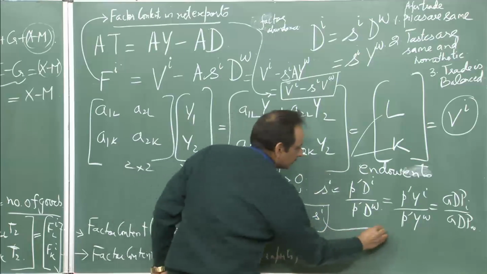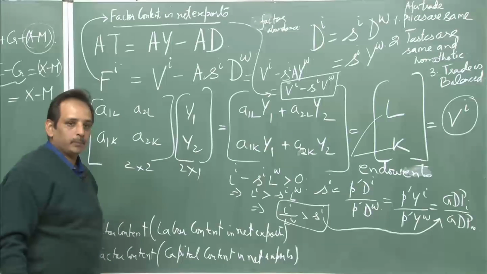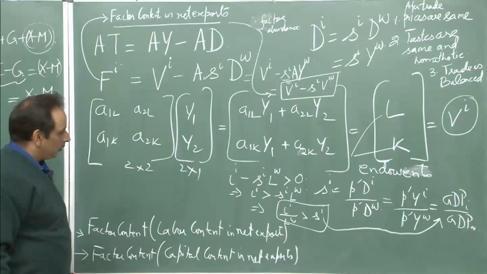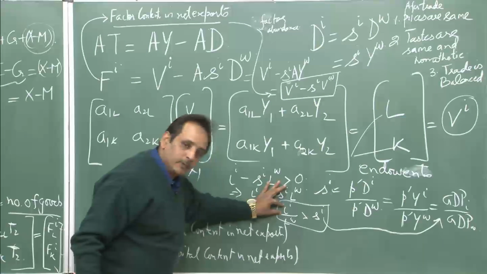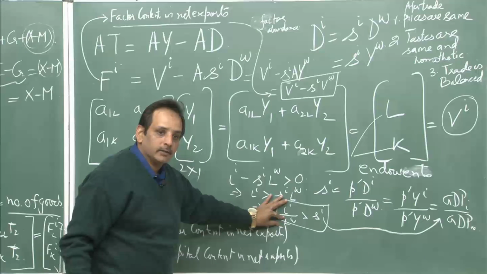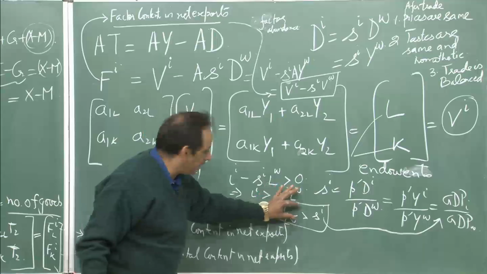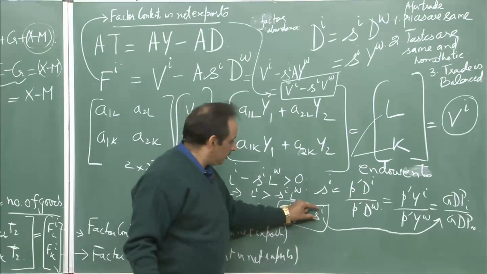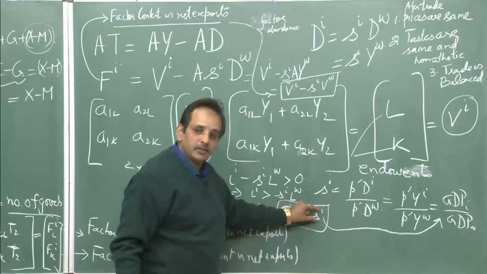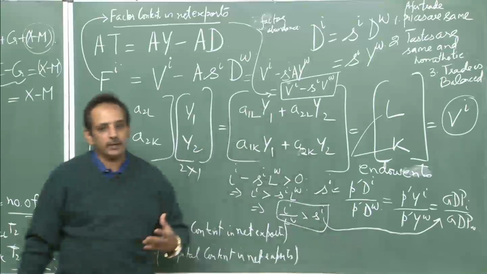Si is GDPi by GDPw. So, the labor which is available in this country and the total labor available in the entire world, if this share is greater than its GDP share in the total world, then you say that it is abundant in labor.